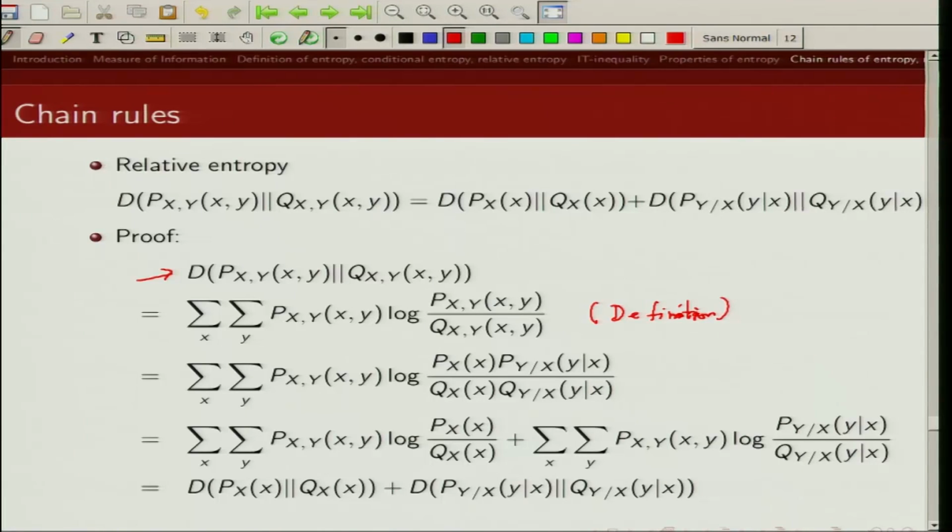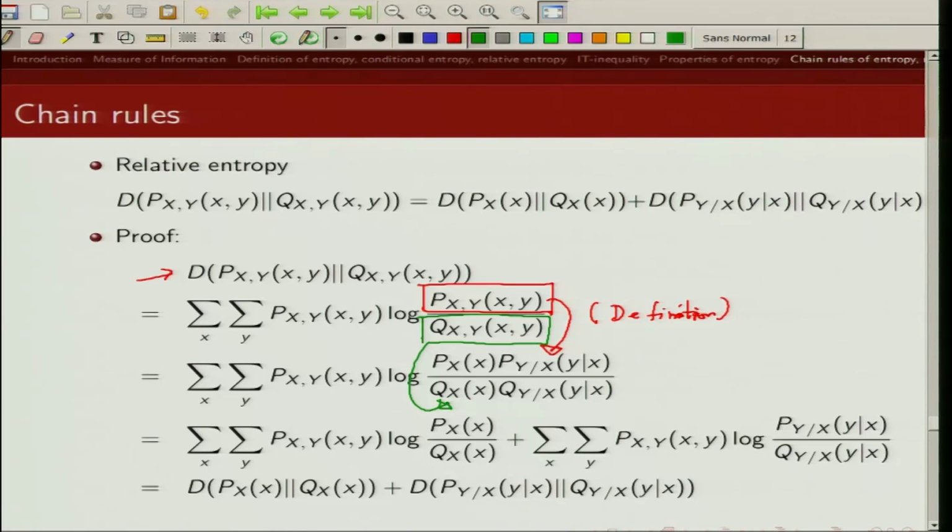Now these joint distributions can be written in terms of conditional distributions. So I can write this like this, and similarly I can write this in this particular fashion.